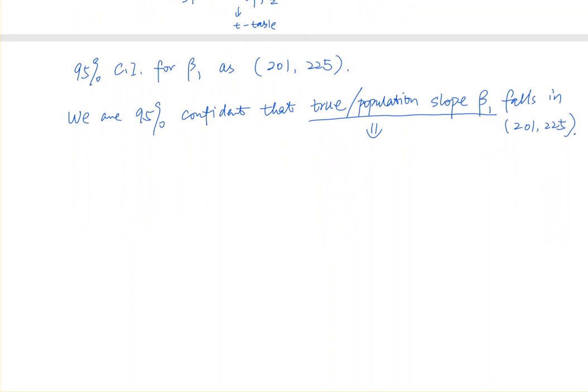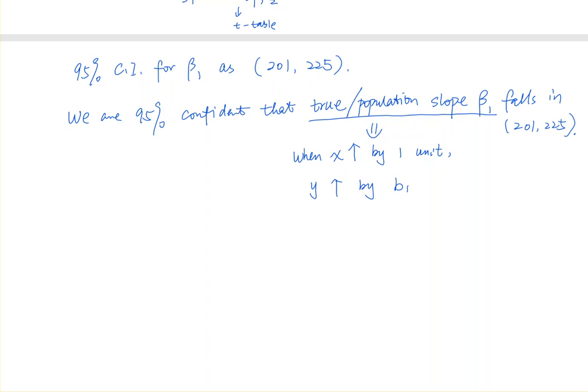So now, how to interpret this population slope beta 1. First, how do you interpret the sample slope b1? Remember that we say when the explanatory variable x increases by 1 unit, the y will increase by the slope b1, right? This is how we interpret b1. Now, how do we interpret the population slope beta 1?